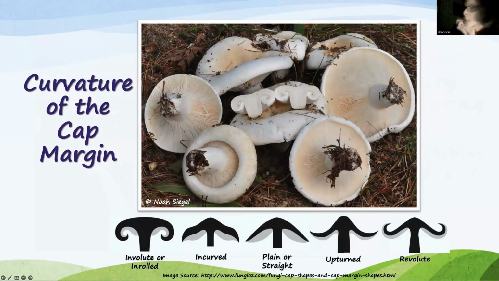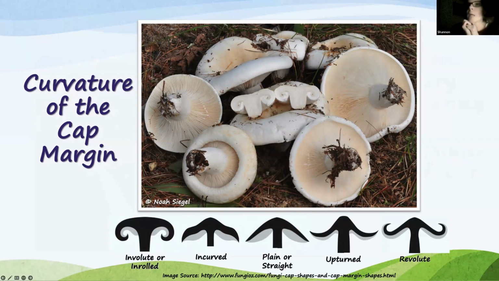Now, I would like to talk a little bit about what I think is an underappreciated part of the mushroom, and that's the edge of the mushroom cap. This edge of the mushroom cap is referred to as the margin, and it can go through some pretty dramatic changes over the course of the mushroom's development.